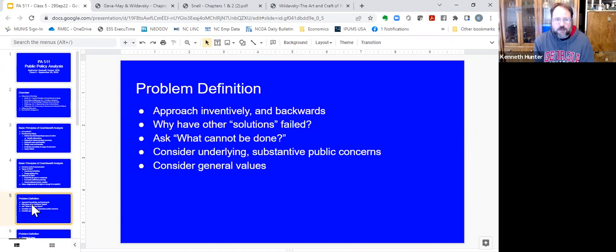I would suggest that there are a couple of different ways you have to look at this. What cannot be done from the standpoint of resource availability? For example, if you know that there's a financial limit to how much you can spend to achieve a certain outcome with a policy, you can't go over it.